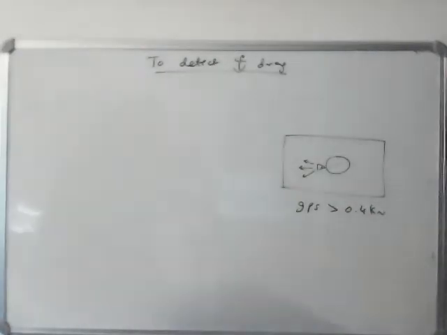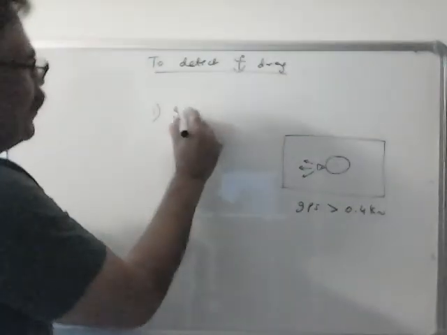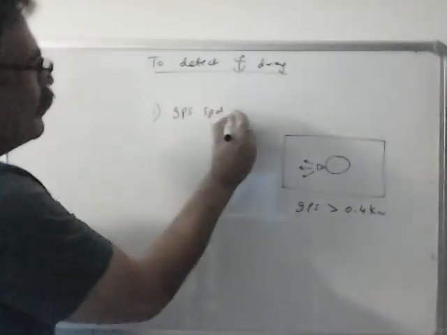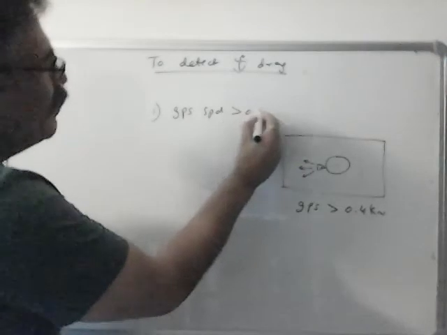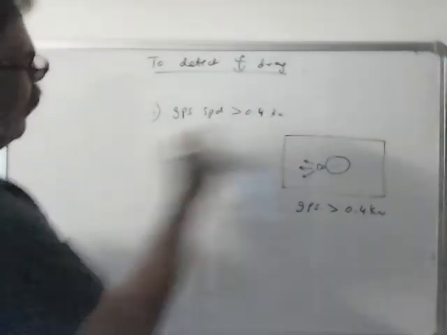So that means the anchor is dragging. So one method is to watch the GPS speed. This is one of the ways to find out if the anchor is dragging.